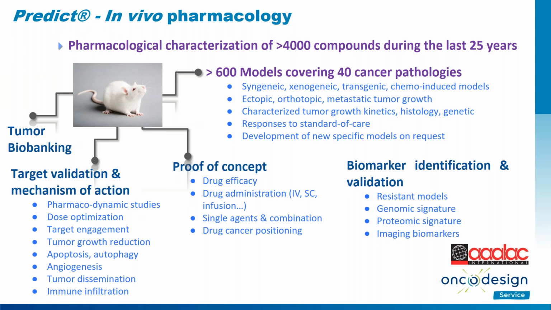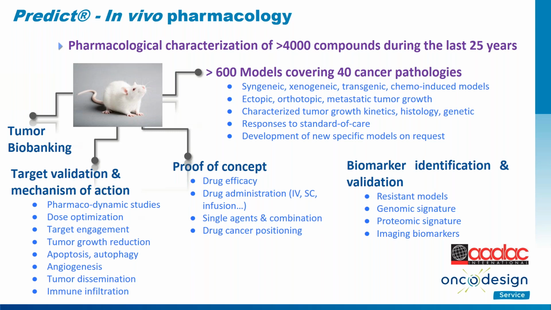And so all these models are highly characterized and help us to answer many different questions. And we are still developing models and adapting our models to the right question and to make it easier for the compound to progress in the different steps.